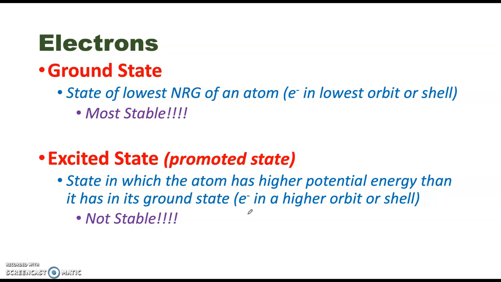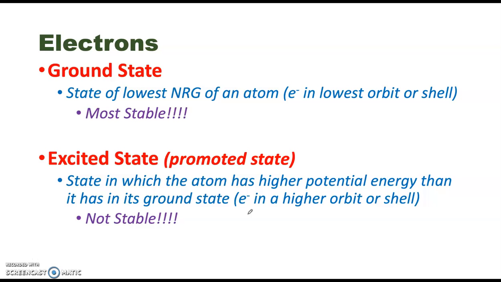Ground state is the lowest energy form of an atom. So when the electrons are as close to the nucleus as they can be, we call that the ground state. It's the most stable state. The atom is happy in this state. The excited state, or the promoted state, is when the electrons jump up to higher energy levels, so they're no longer in their lowest possible energy level.